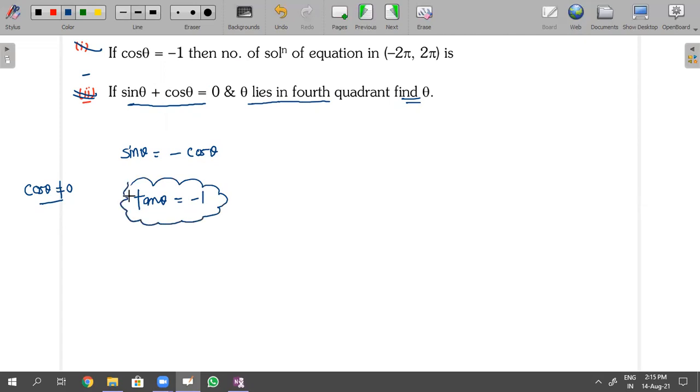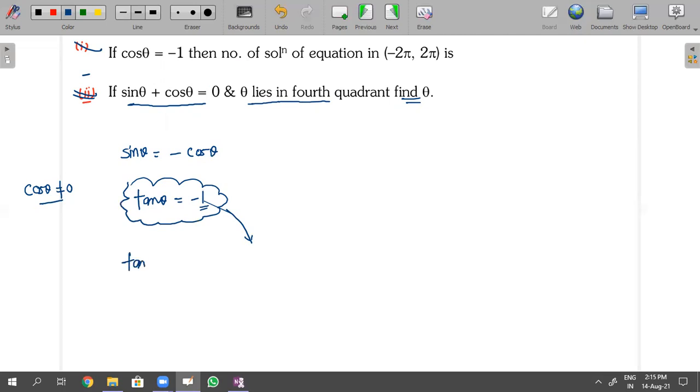Tan is negative in quadrant number 2 and in quadrant number 4, excuse me. Now, do you know any value of theta which is responsible for the value 1? If I'm talking about magnitude wise, you would say yes, it is theta equal to pi by 4. Now we need to get this angle in quadrant number 4.